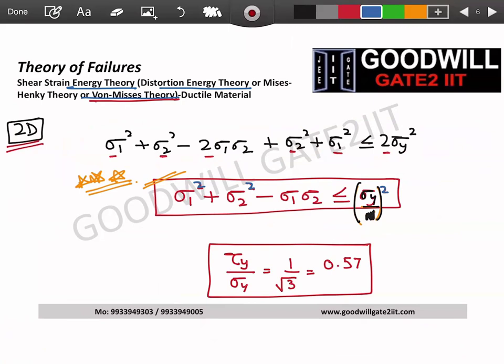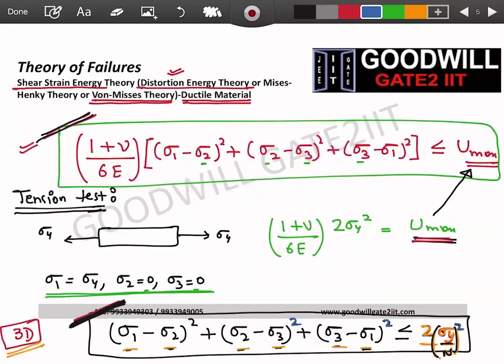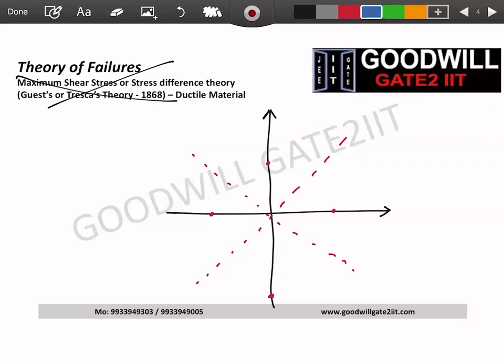Square terms are not straight lines. Square terms are curved lines, kind of parabolic curves, right? So what I'm going to do is join these extreme points with curves. And what you're going to get will be the graph for the von Mises theory.